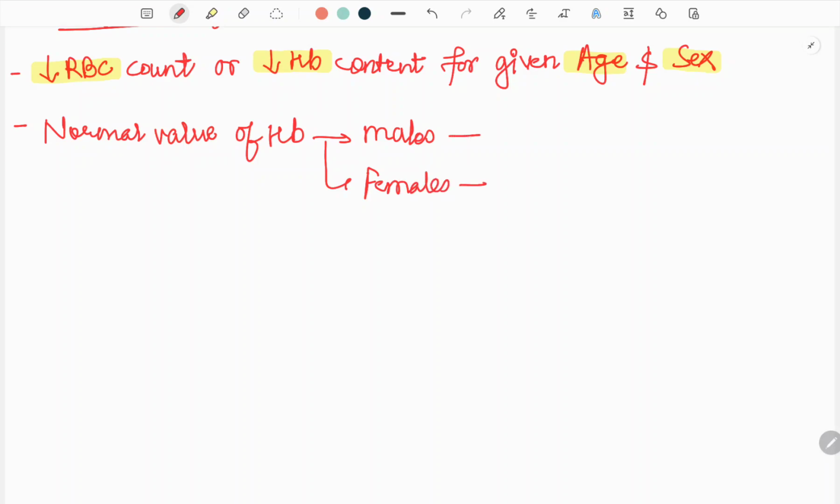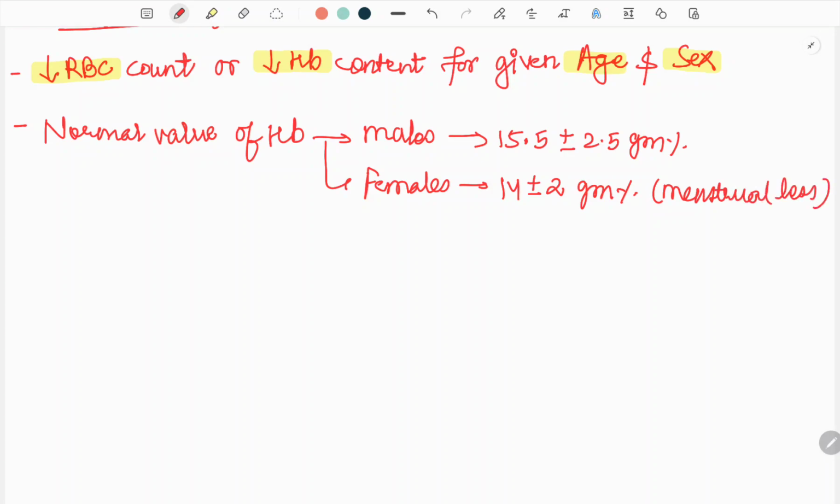Okay. So in males the cutoff is 15.5 plus minus 2.5 gram percent. And in females it is 14 plus minus 2 gram percent, thanks to menstruation, thanks to menstrual loss.